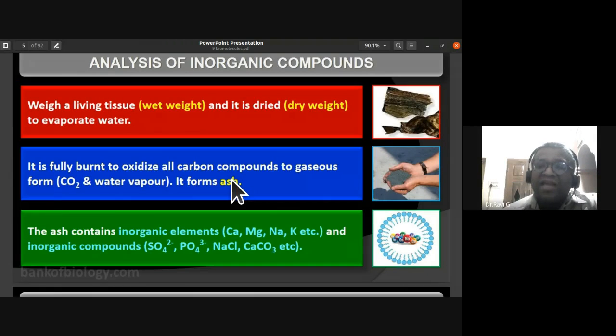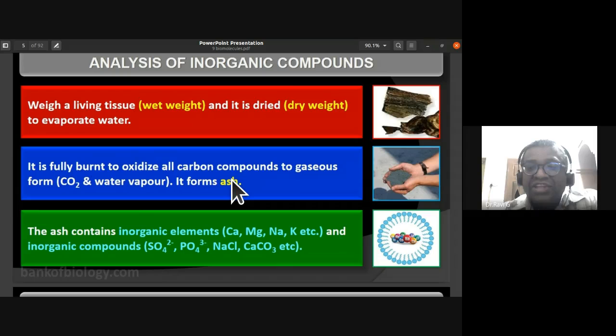So it forms ash. This ash contains inorganic elements like calcium, magnesium, sodium, potassium, etc. And inorganic components like sulfate, phosphate, sodium chloride, calcium carbonate, etc. So the living tissue is dried and then it is burned to oxidize all the carbon compounds. To remove the hydrocarbons, we are burning it so that all the carbon compounds are oxidized to gaseous form like carbon dioxide and water vapor.